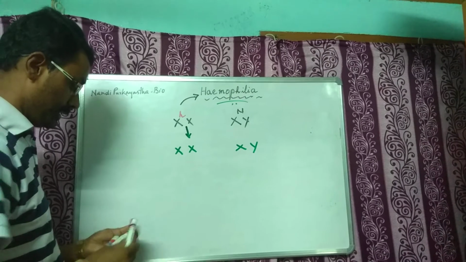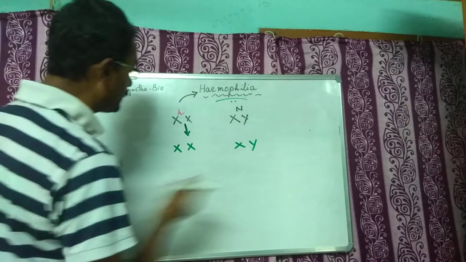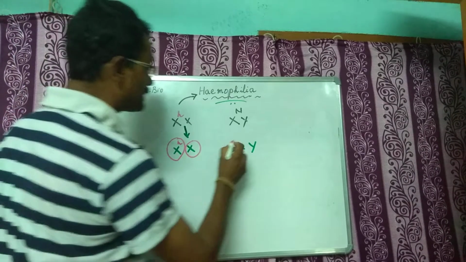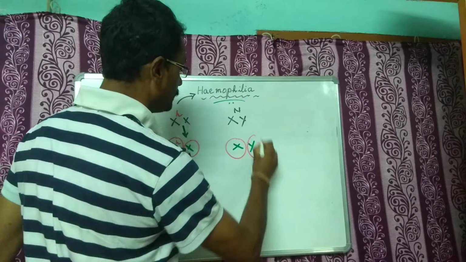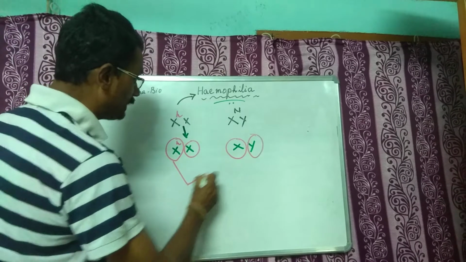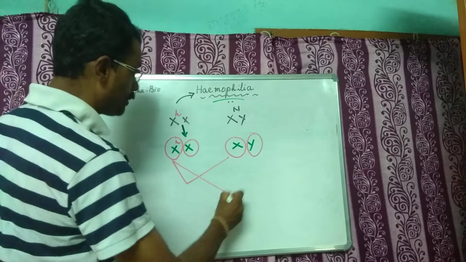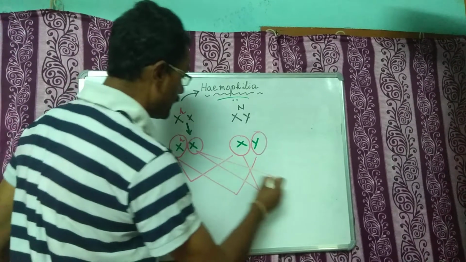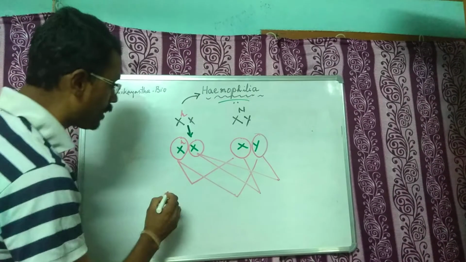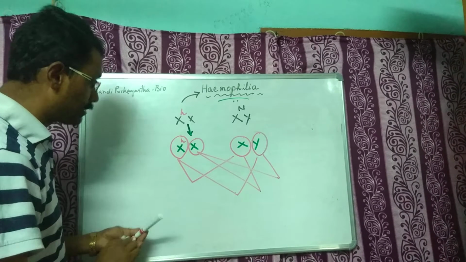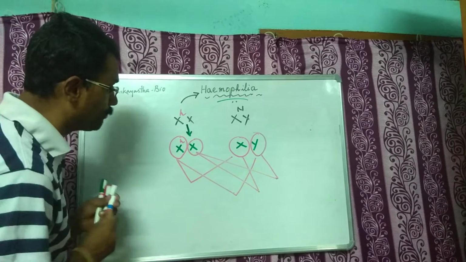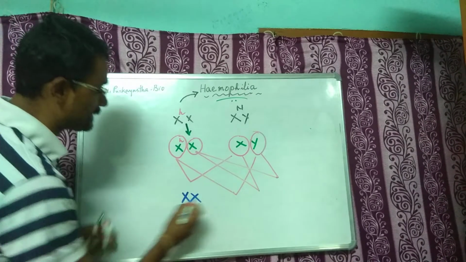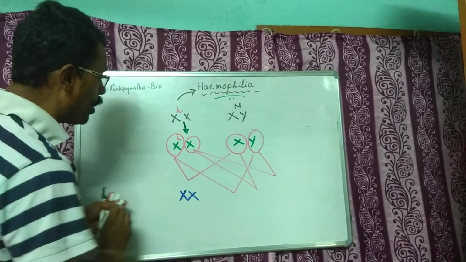This one is hemophilic. Now we see, these unite. So I'm coming to the next generation, the F1 generation. What is there?